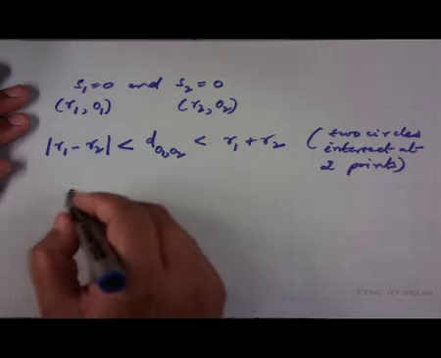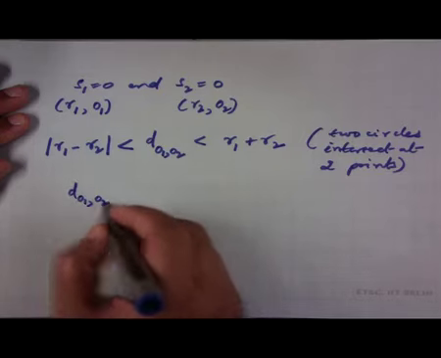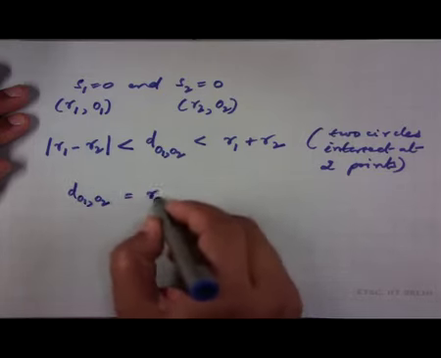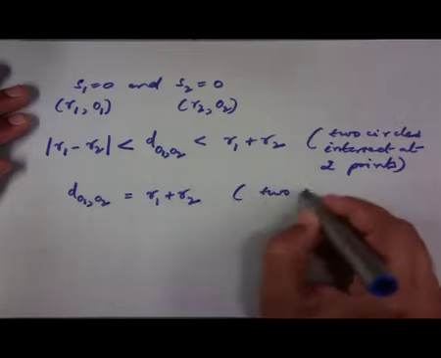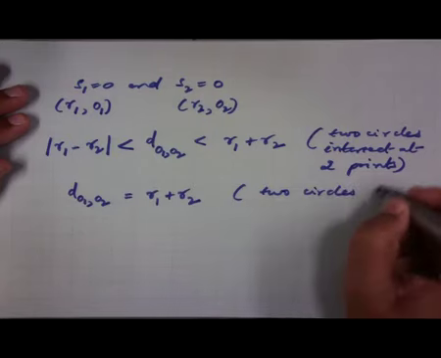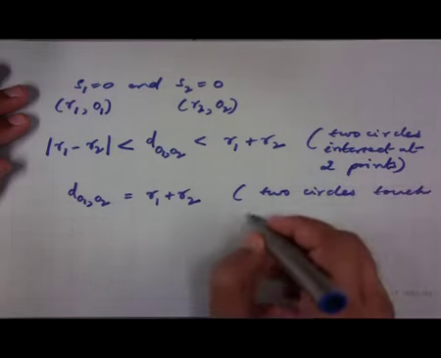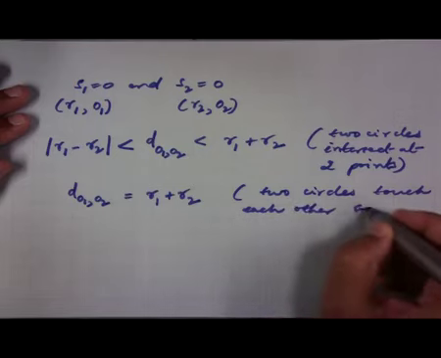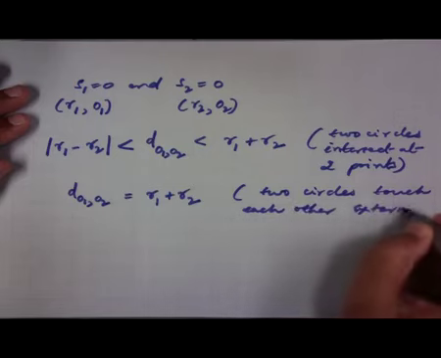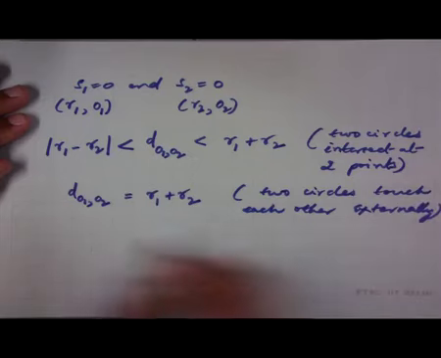We also said that if the distance between the two centers is equal to the sum of the radius, then the two circles touch each other externally at exactly 1 point.